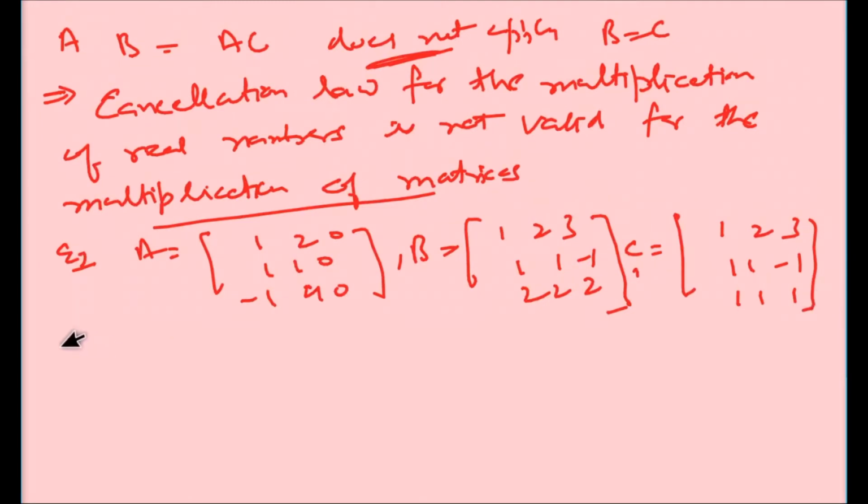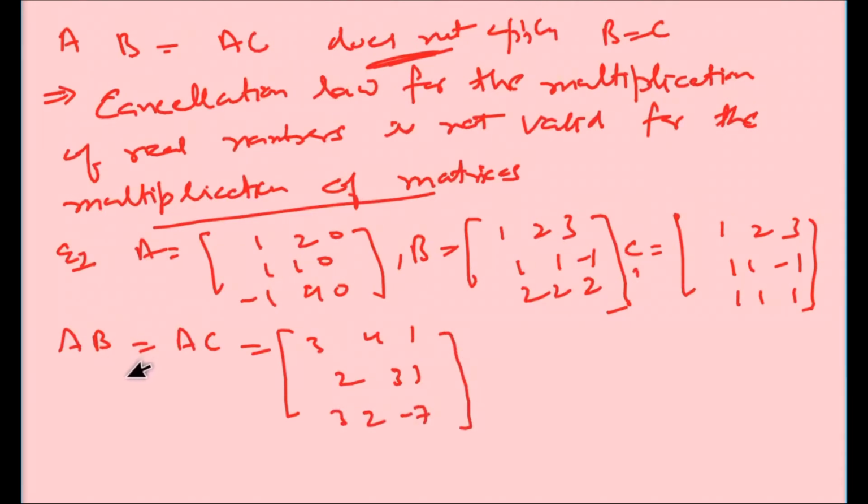Now when you find AB, you can do the product yourself, and AC, you will get both will be equal: 3 4 1, 2 3 1, 3 2 minus 7. This you can check yourself by doing the product.